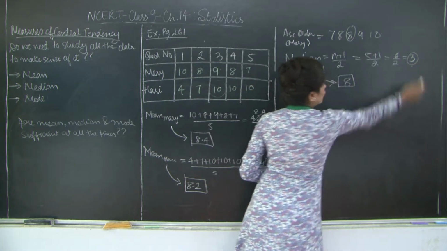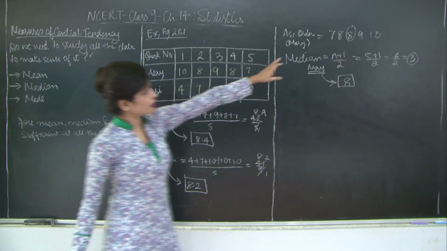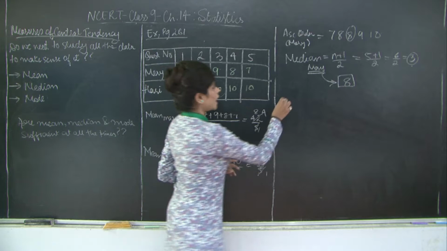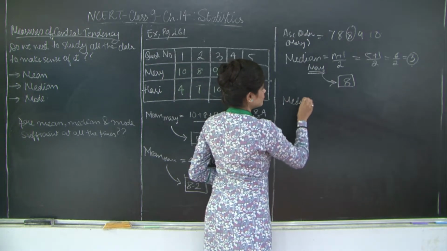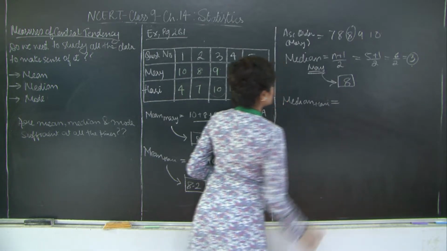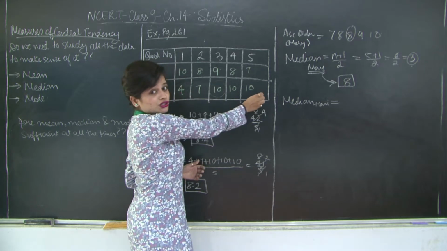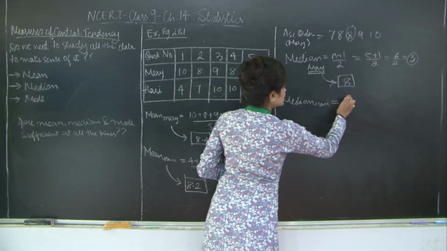Right, this is the third observation, and 8 is the third observation out here. Now median for Hari is 10, right, because everything is arranged in ascending order. So median is 10.